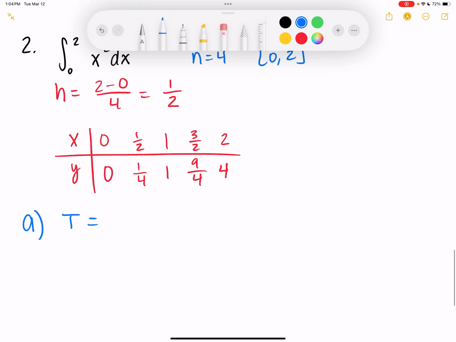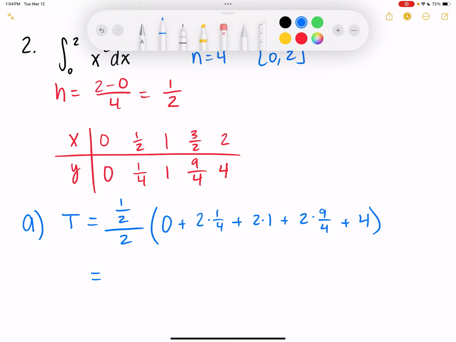So 1/2 over 2 times the first term, 0, plus 2 times 1/4, plus 2 times 1, plus 2 times 9/4, plus 4. What's 1/2 divided by 2? 1/4. You did it the other way.